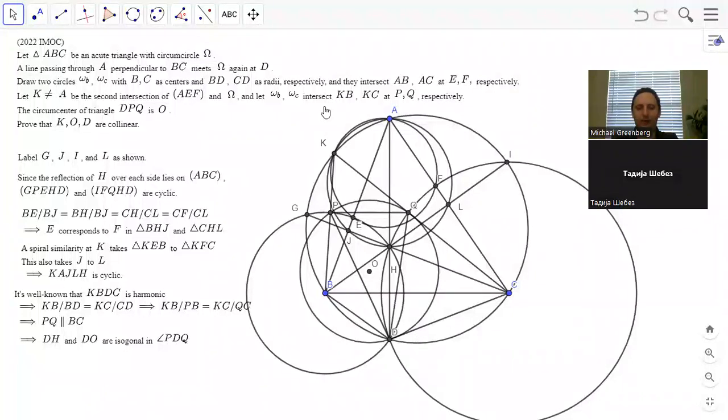Then we want to show DH and DK are isogonal, and we were saying that's an angle chase. I'm trying to remember.